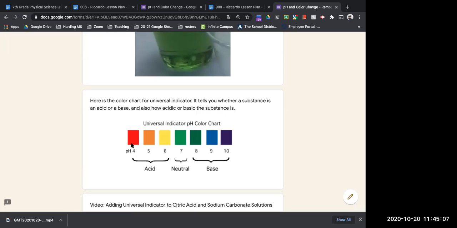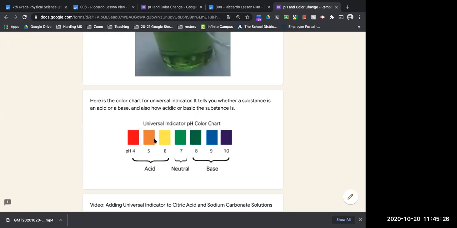So it starts at 4 and it goes ROY G BIV, so it's kind of like the light spectrum.